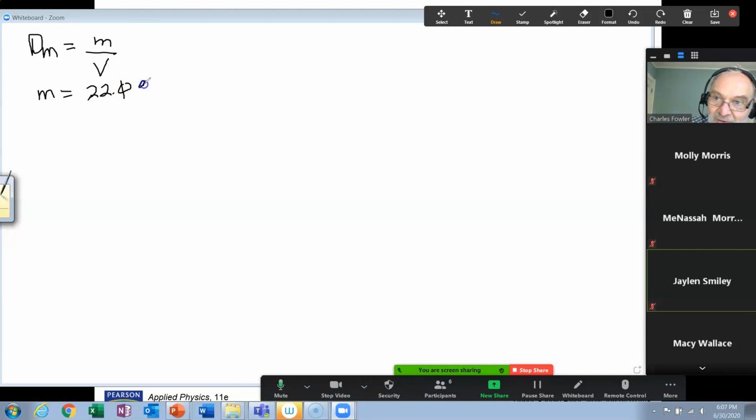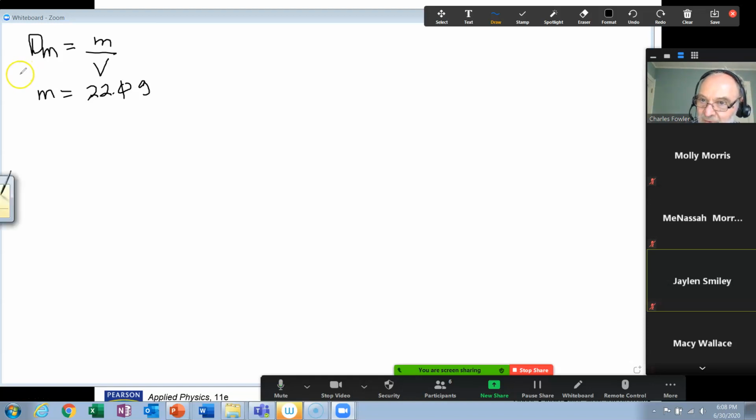Now that's a very small amount of mass. 1 gram is about the mass of an aspirin tablet. So this would be about 22 aspirin tablets. That's not very massive. Of course, ball bearings are smaller than aspirin tablets, but aspirin tablets are not very dense. Ball bearings are. Okay? It's 22 grams and a radius.